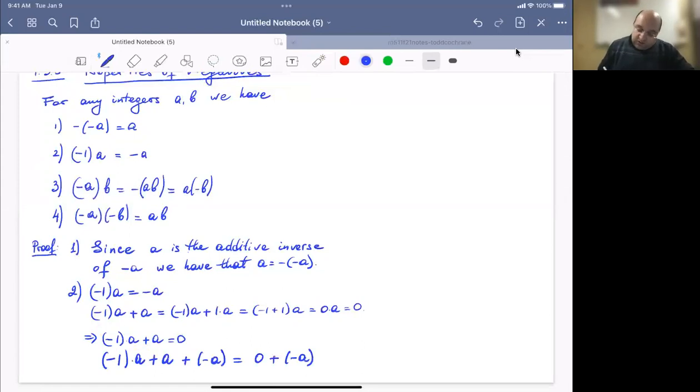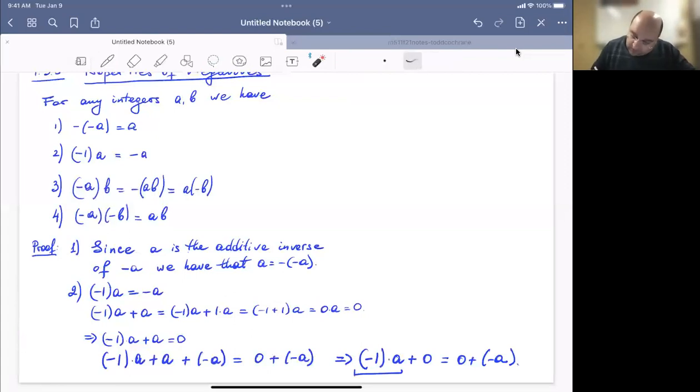Adding -A to both sides, what we get is -1 times A plus 0 is 0 plus -A. So that means -1A is equal to -A, which is what we wanted to prove.